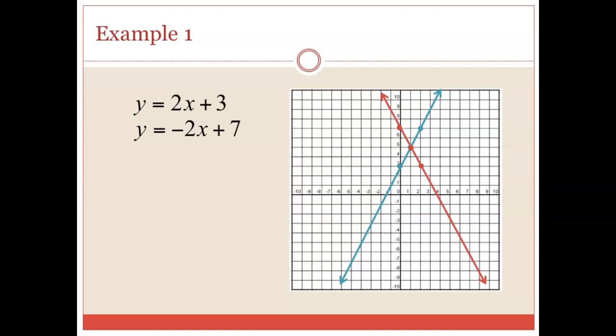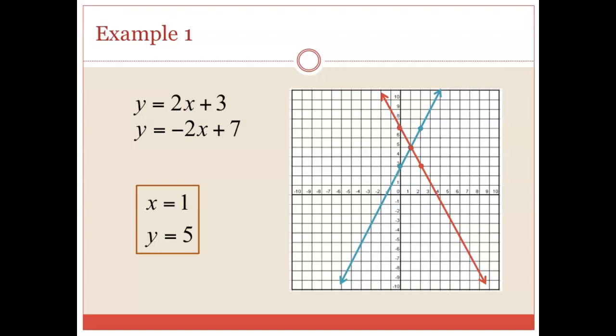Now the solution to this, because we're not just graphing here, we're trying to solve this, means we're trying to get a value for x and for y. Our solution is the point at which these two lines intersect. The point at which it intersects looks like it is at (1, 5), so x equals 1 and y equals 5. That is my solution to this system of equations.